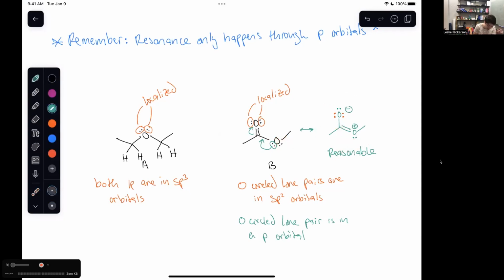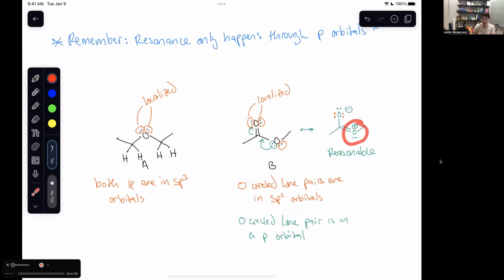So essentially what we have here is this lone pair is a localized lone pair, right? Because we have one lone pair that can't move through all the resonance structures that we have drawn here, okay? So this falls into the same category essentially as these two, where we have them in an sp2 orbital.